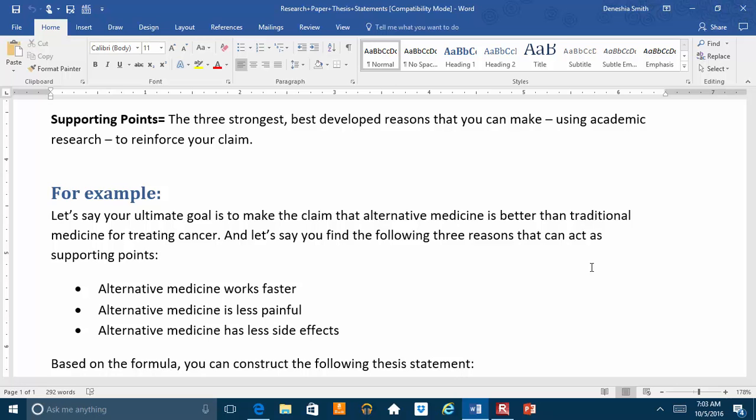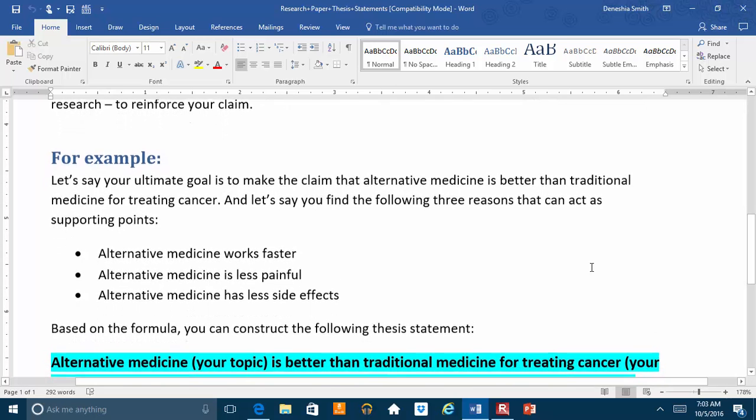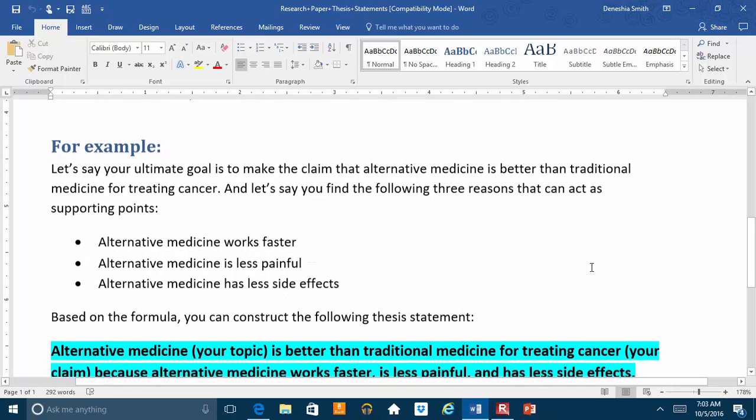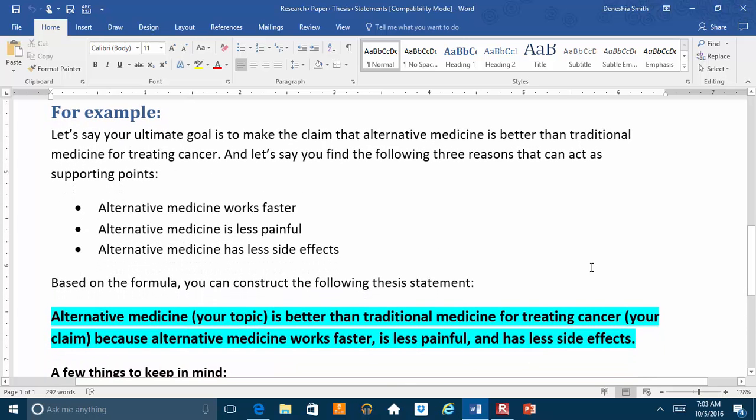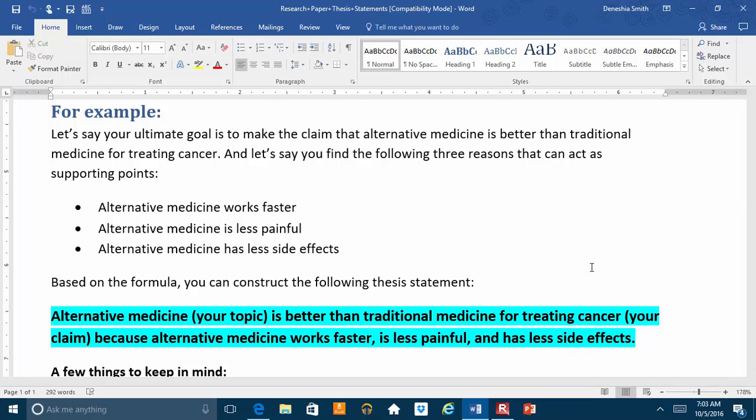So let's continue with that example for a thesis statement. Let's say the ultimate goal is to make the claim that alternative medicine is better than traditional medicine for treating cancer. Let's say these are your three strong reasons: alternative medicine works faster, alternative medicine is less painful, alternative medicine has less side effects.